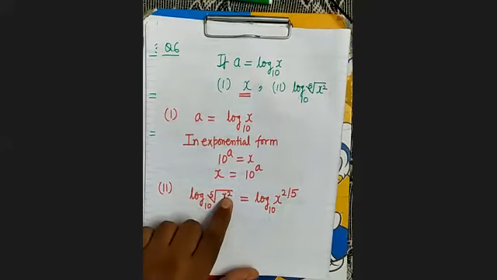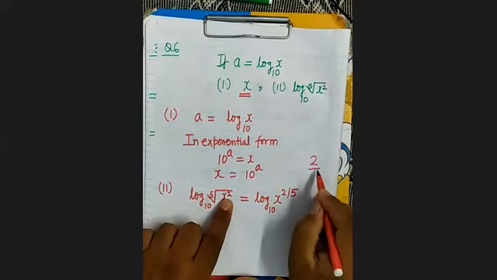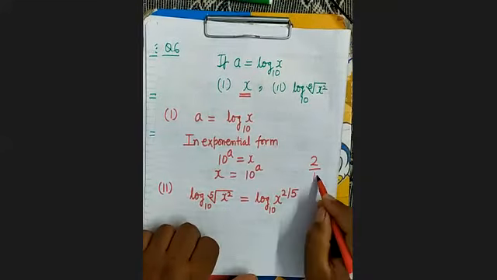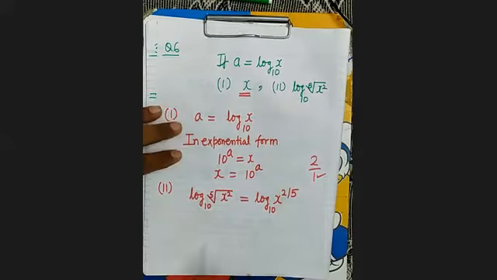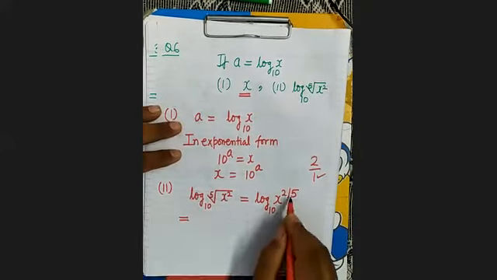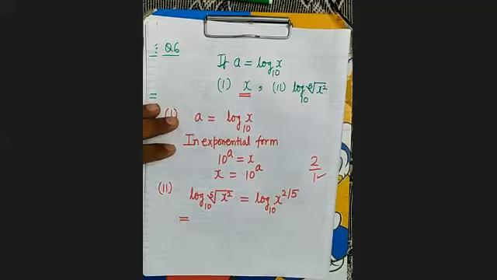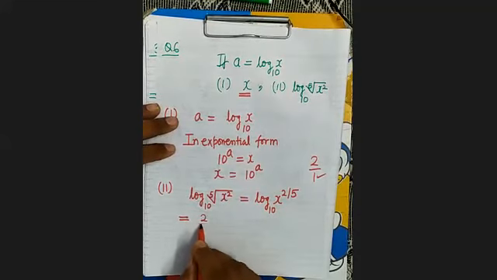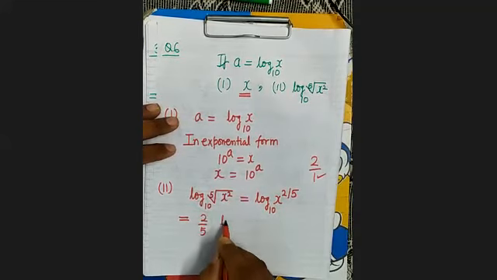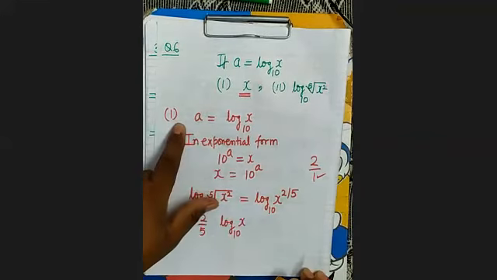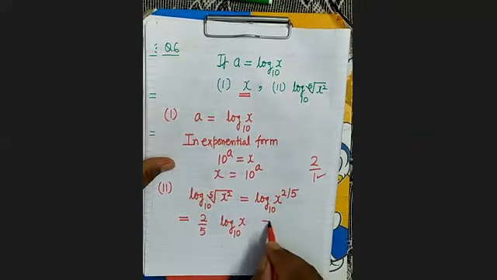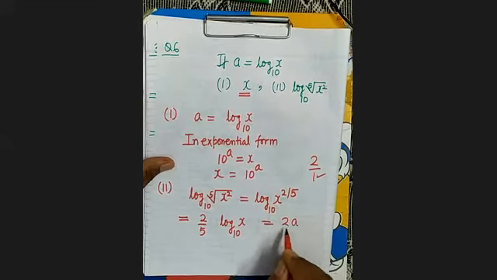So here power is 2, it means it is 2/1. Its denominator is 1, so it will multiply with the denominator. Now you apply the power rule. So it will be 2/5 log x to the base 10. But as already given, log x to the base 10 is a. Therefore, it will be 2a/5.